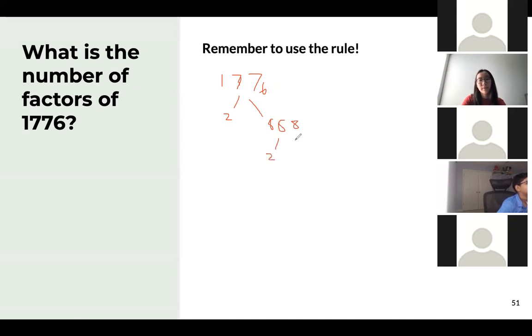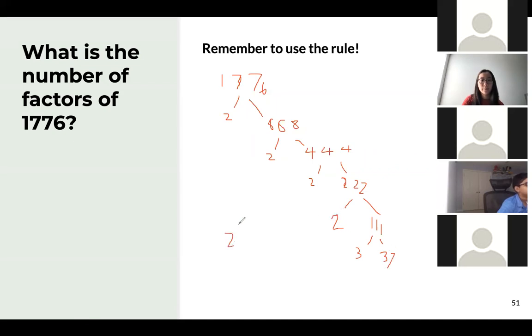Divided by 2, that would be 444. 222. Take out another 2. And now we have 111, which is 3 times 37. And that's our prime factorization.